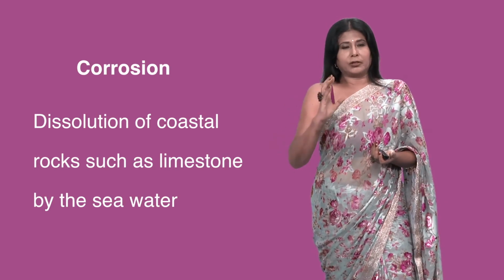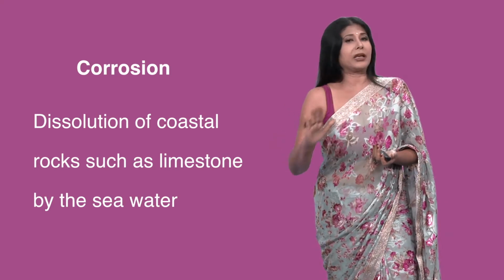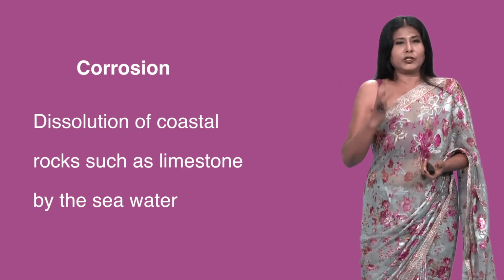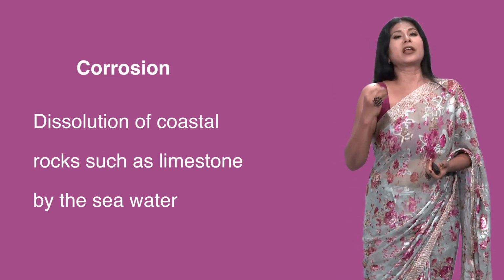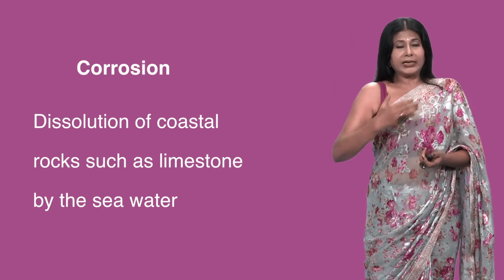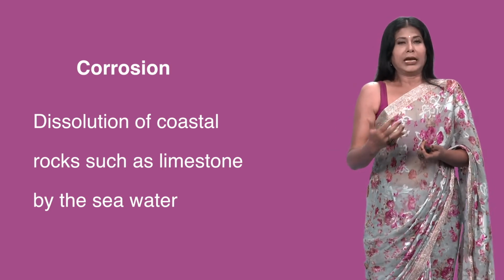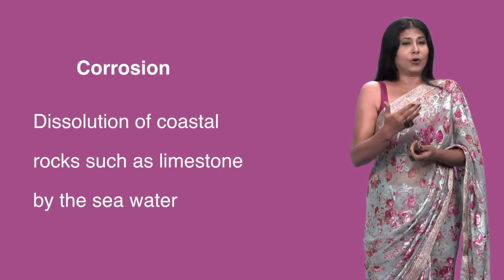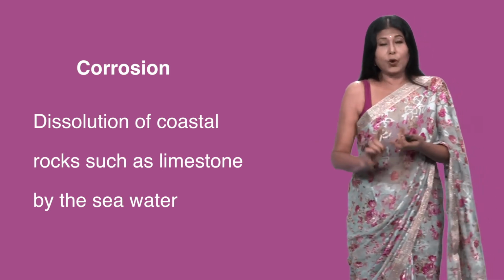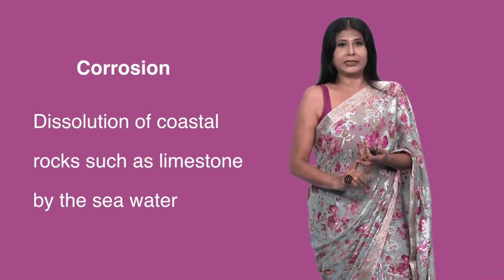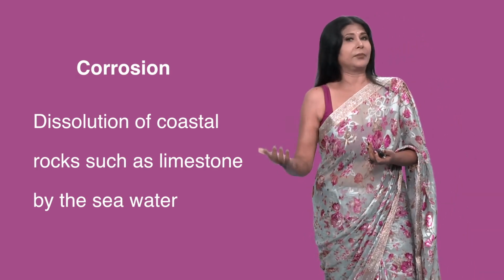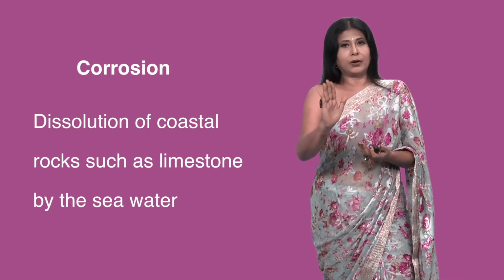Sea water with salt and other chemicals dissolves the minerals in the rock when it comes into contact with it, and it becomes more prominent in soluble rocks like limestone or dolomite, where CaCO3 is the main component. That is how erosion is done.